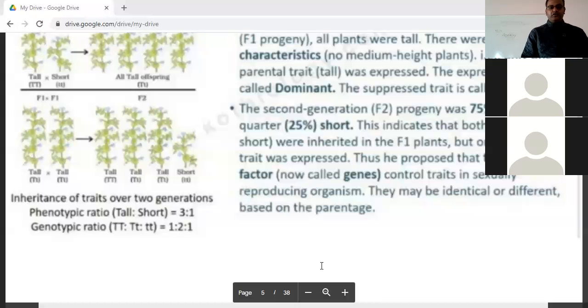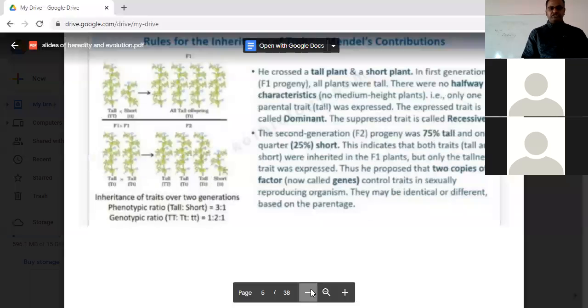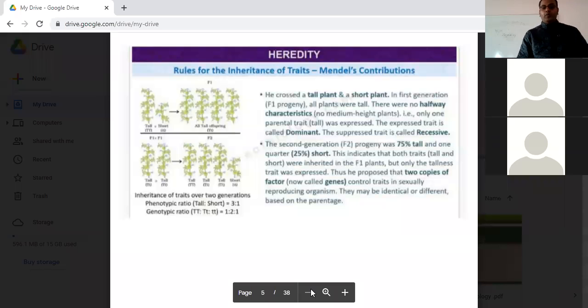So what was the overall conclusion after the F2 generation? The second generation F2 progeny were 75% tall. Why 75%? Because out of the 4, 3 are tall, so it comes to 75%, and 1 out of 4, that is 25%, is short. This indicates that both traits, tall and short, were inherited in the F1 plants, but only the tallness trait was expressed.